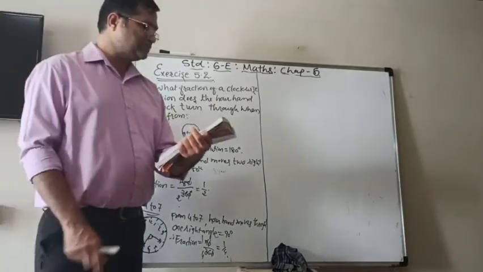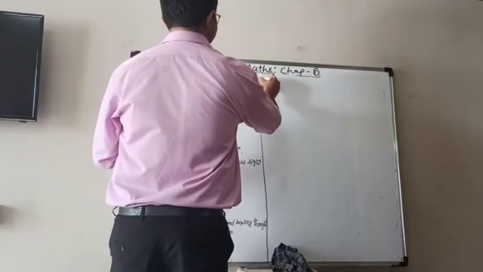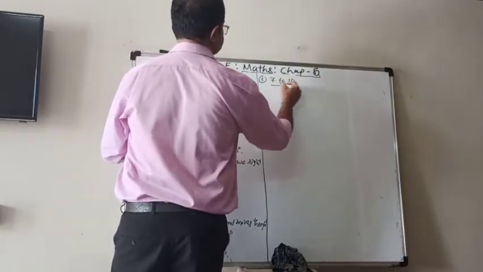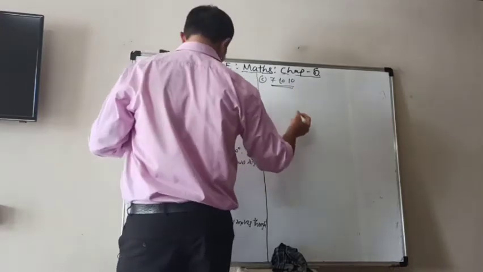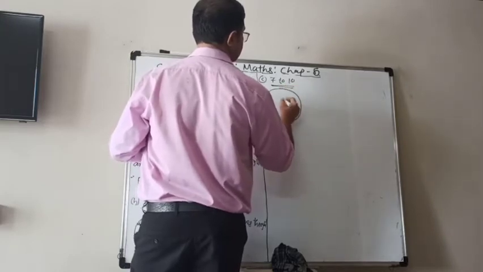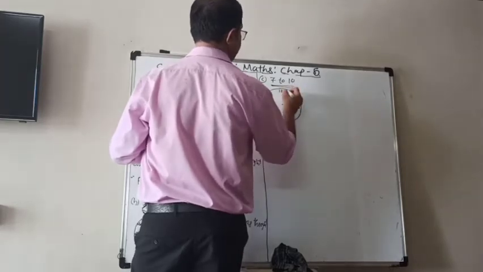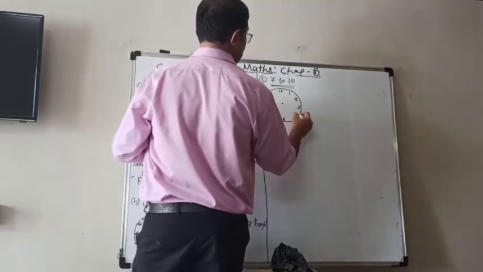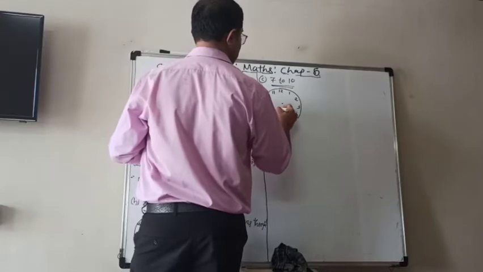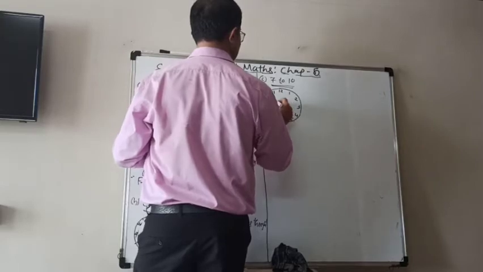Now there are more situations also. We are going to take another one, like C. In C it shows from 7 to 10. Now from 7 to 10, 12, 3, 6, 9, 1, 2, 4, 5, 7, 8, 10, 11. So now from 7 to 10, clockwise.